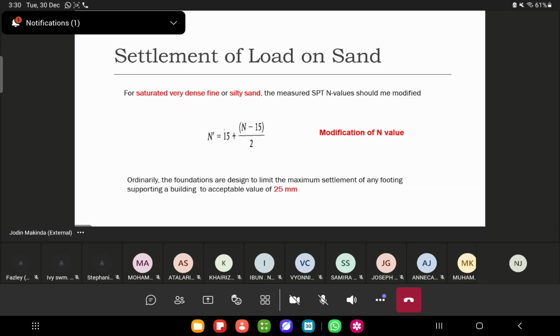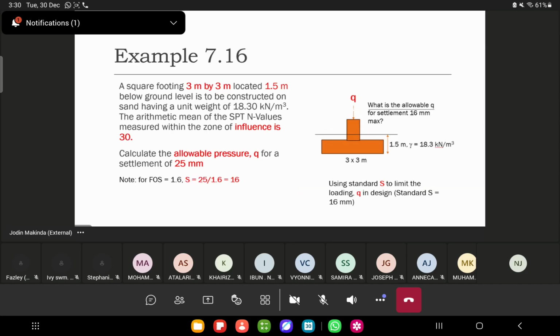So we standardize first, only for the dense soil and only for the silty sand. Okay. Last example.